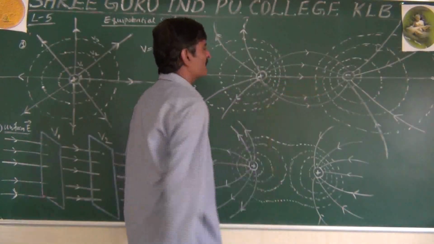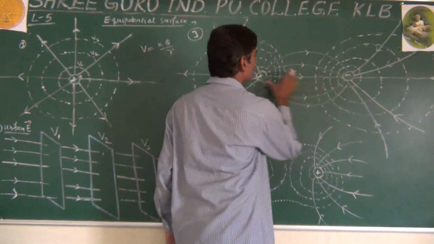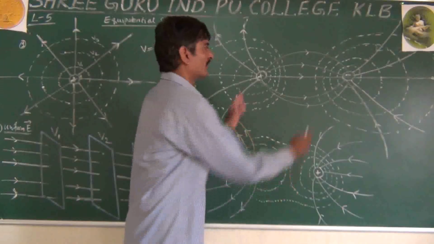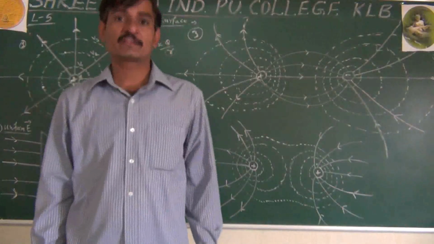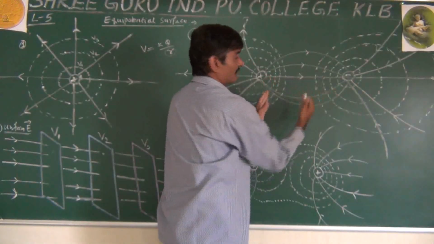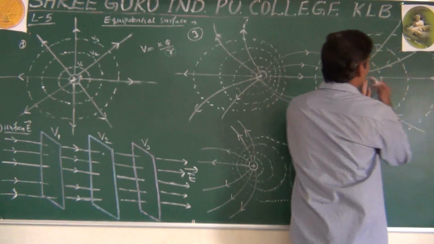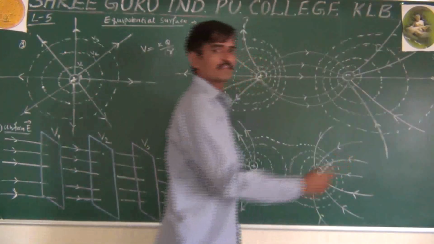From this diagram we observe that equipotential surfaces are closer in between the charges, and equipotential surfaces are far away outside the charges.